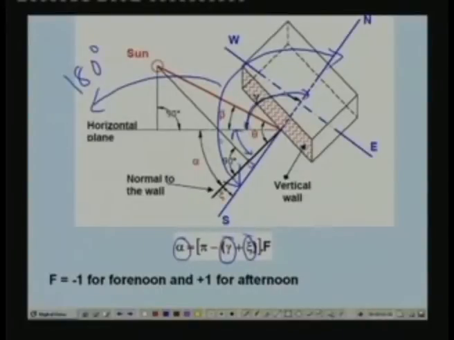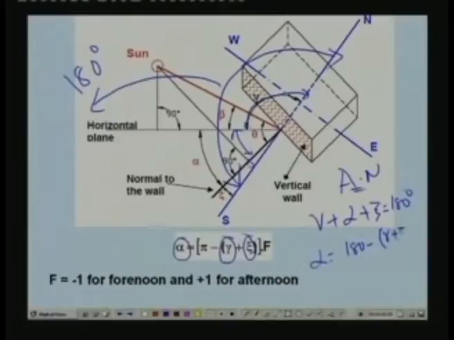This particular case happens to be the afternoon, because the sun is towards the west and has crossed the solar noon. For the afternoon, you find that gamma plus alpha plus zeta is equal to 180 degrees. That means alpha is equal to 180 minus (gamma plus zeta).